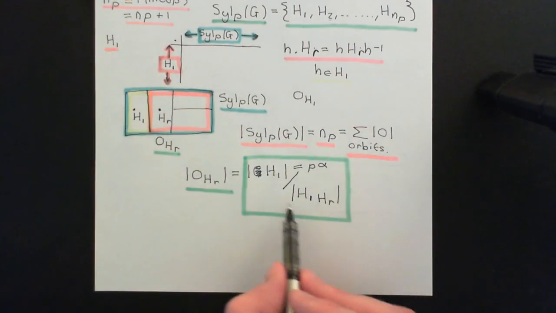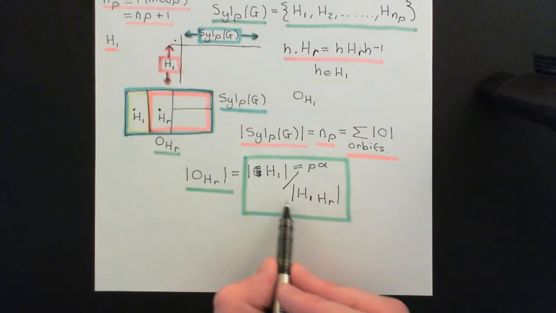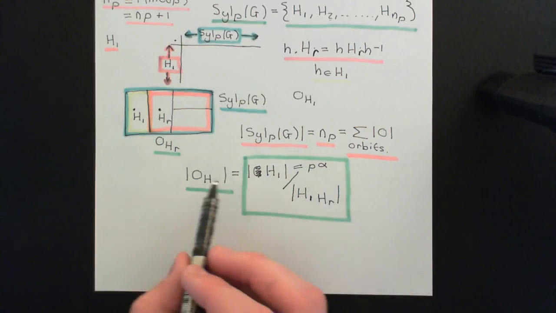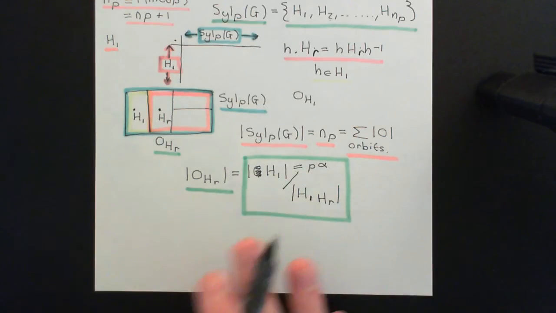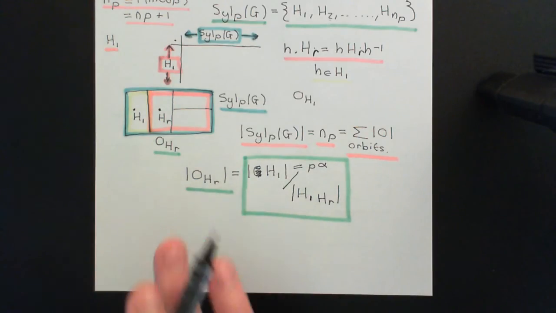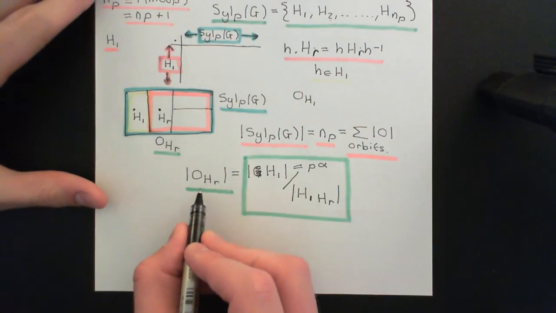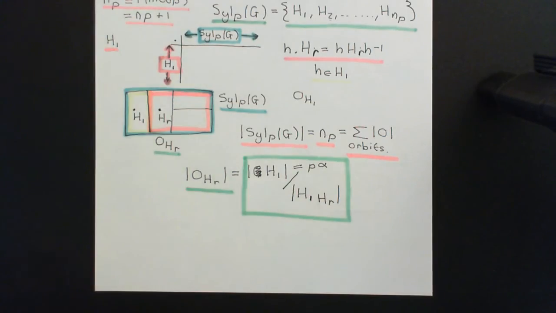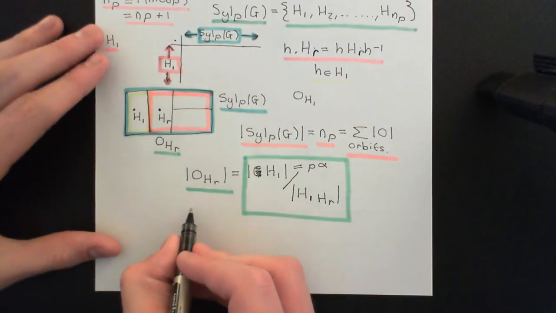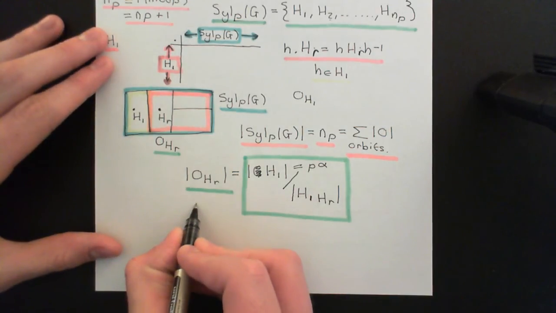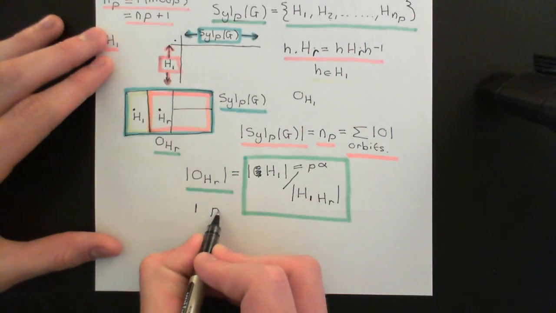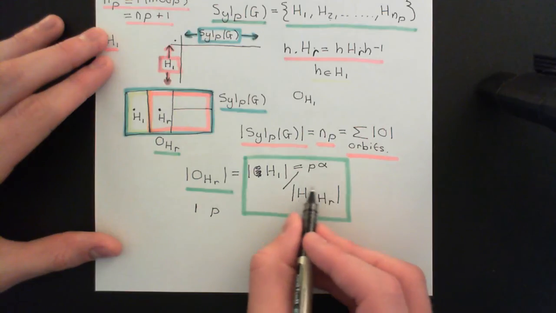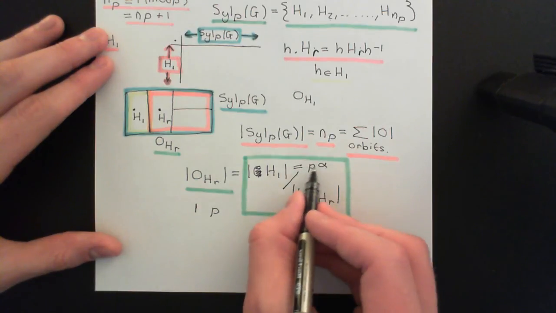So I don't really care what the order of this is, because I've got now a very valuable piece of information just from this. This tells me a lot about the order of the orbit of this Sylow p subgroup, capital H_r. It tells me that this must either equal 1 or it must be some power of p, because whatever this is, it will just cancel a bunch of the powers of p.